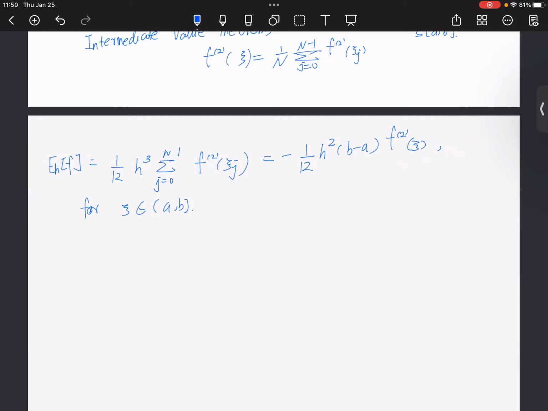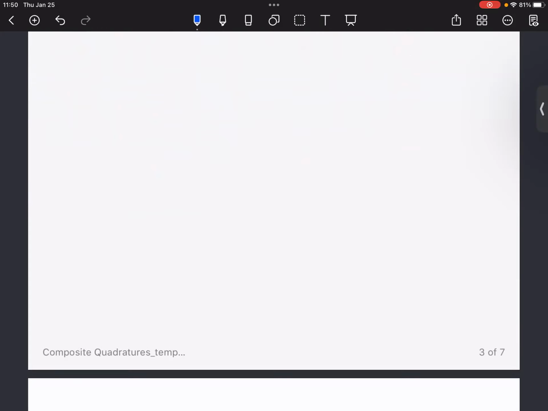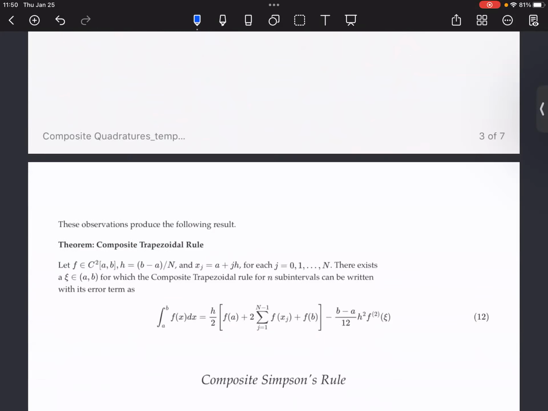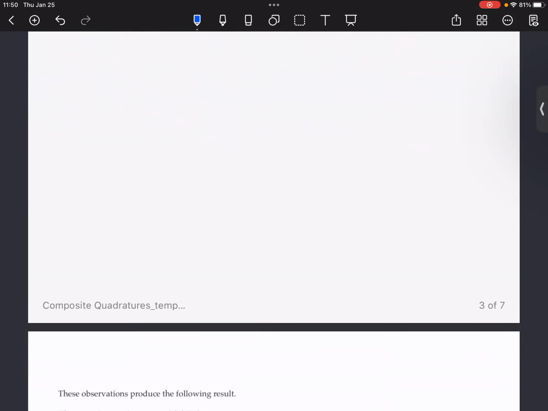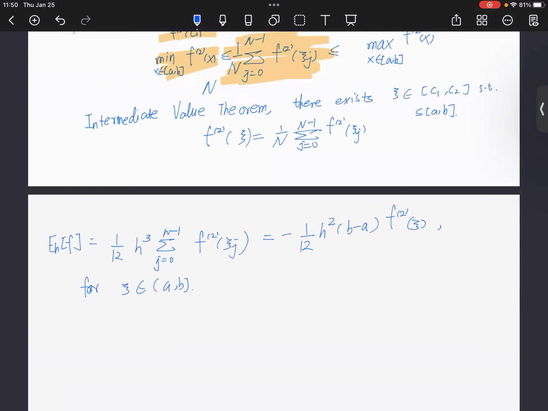We had n CJ at the very beginning, but now I have the error term in a very beautiful format. We just have one C in the error term. And this is how to analyze the composite trapezoidal rule and its error.